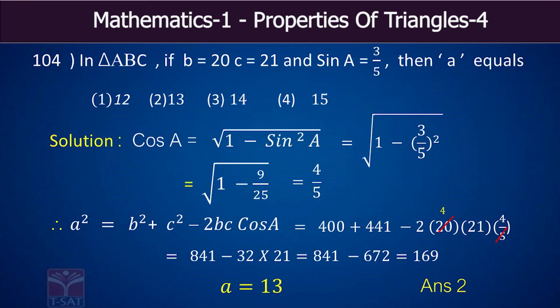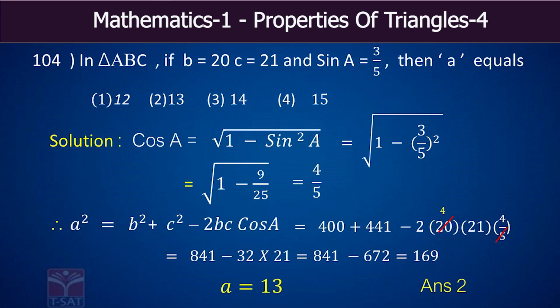In triangle ABC, if B is equal to 20 and C is equal to 21 and sin A is equal to 3 by 5, then side A equals: 1, 12; 2, 13; 3, 14; 4, 15. Now you know that cos A is equal to root of (1 minus sin square A), which is root of (1 minus 9 by 25), which is 4 by 5.